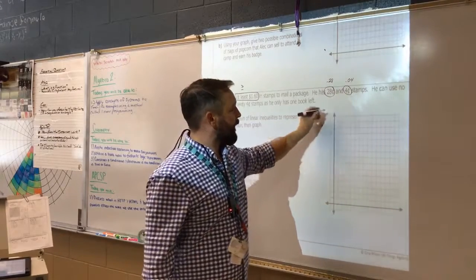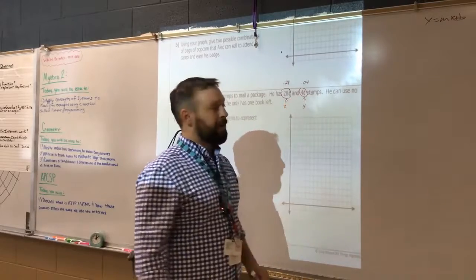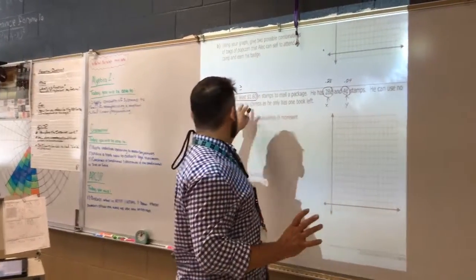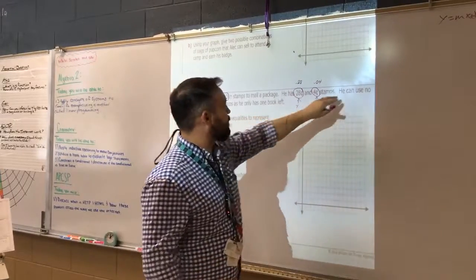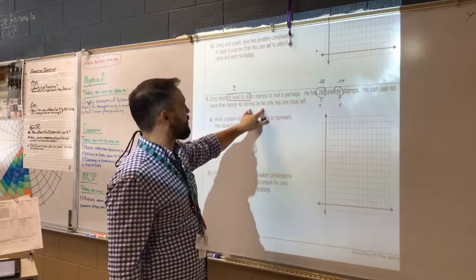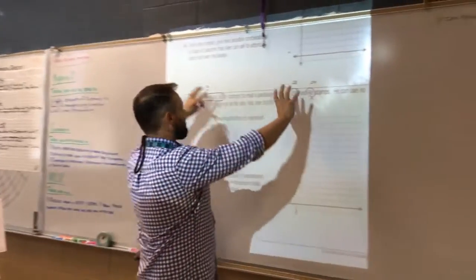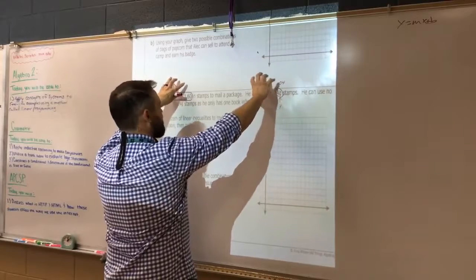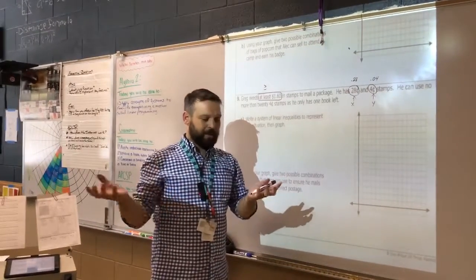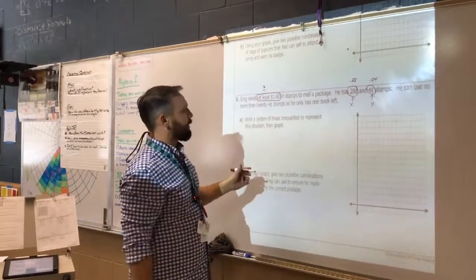So these are the 2 variables I'm going to be using. I can call the 28-cent stamps my X, and I can call the 4-cent stamps my Y. It goes on to say he can use no more than 20 of the 4-cent stamps, since he only has 1 book left. Money-wise, how much money does he have to play with?